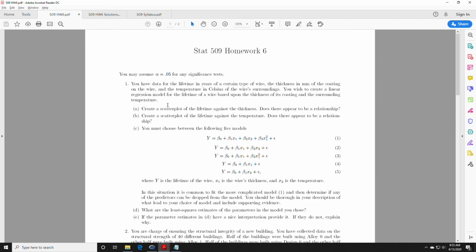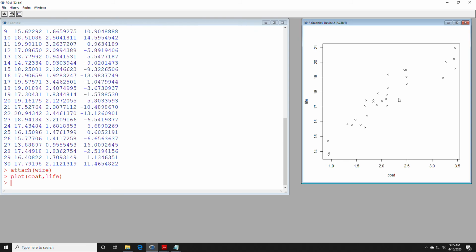Does there appear to be a relationship? I think clearly we can see that there's a relationship. At very first glance, we can see as coat is going up, lifetime is going up. So the thicker the coating on the wire, the longer the wire is going to last. Kind of common sense.